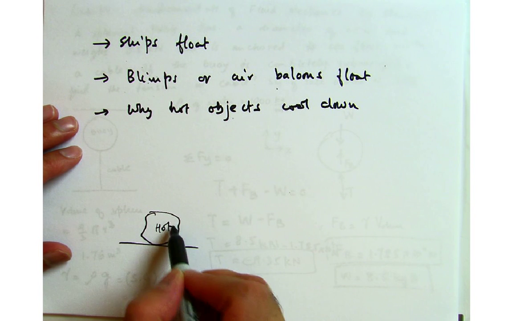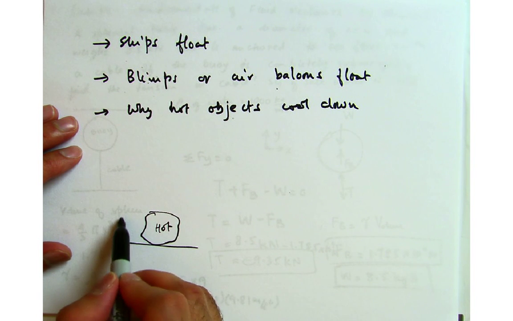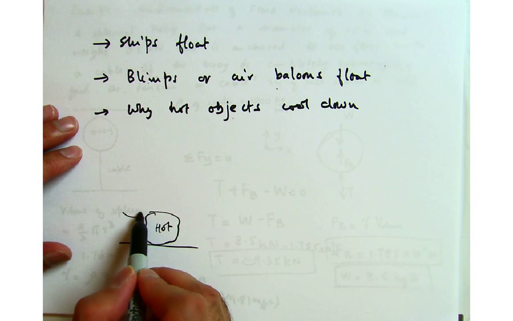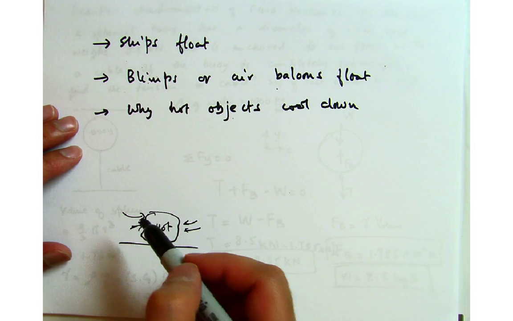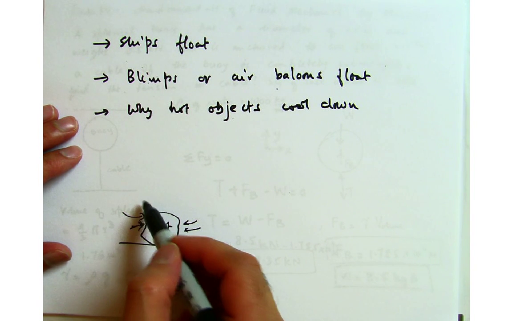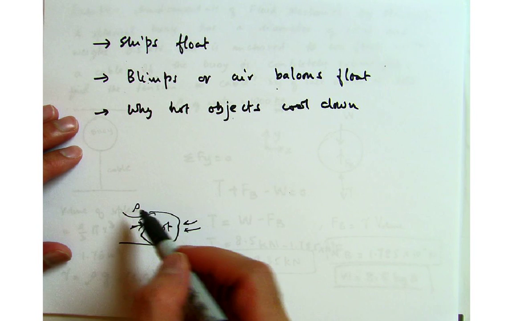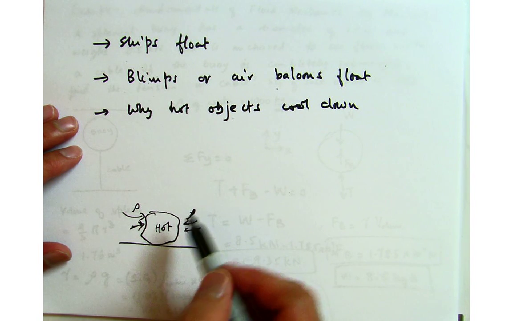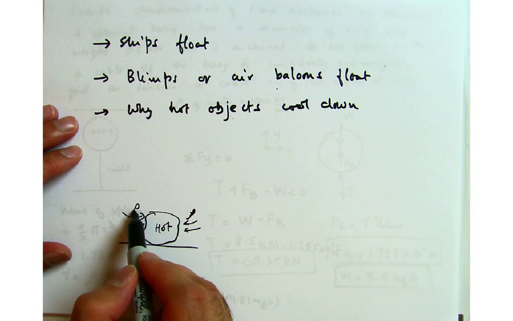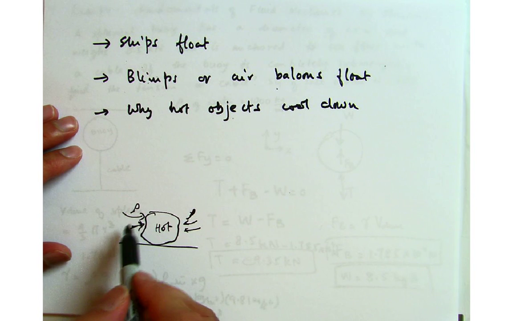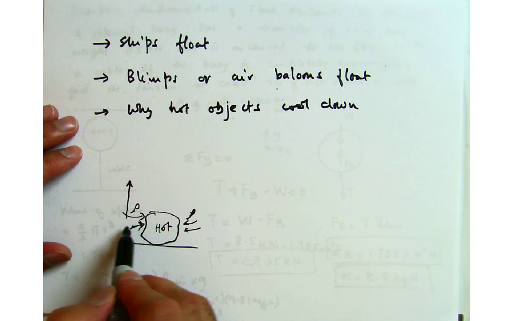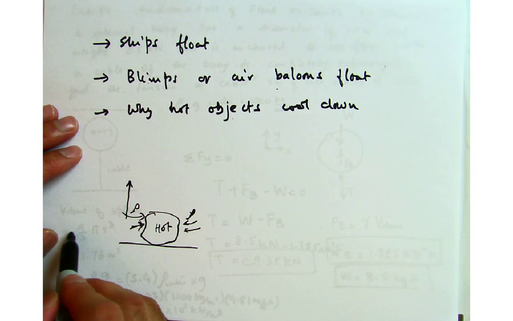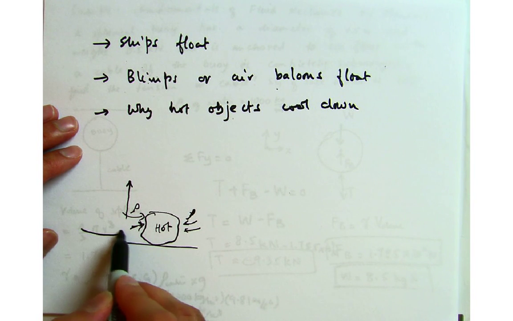But at the same time, as soon as the air gets in touch with this hot object and heats up, the density of the air changes. Its density is lowered compared to the surroundings, so it feels a net push upwards, and then the cool air, which has a higher density, comes and fills this gap.